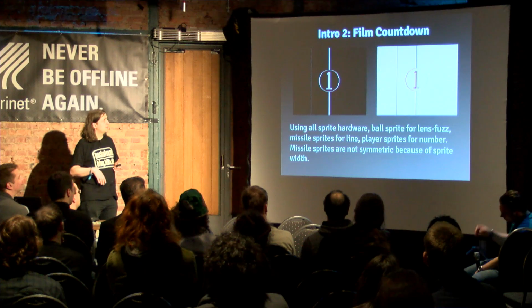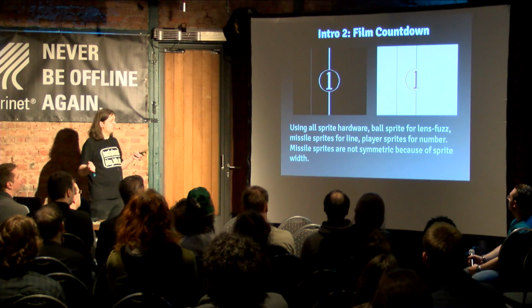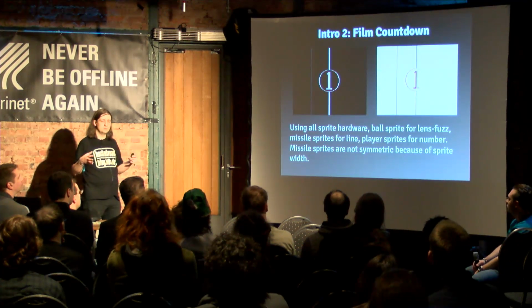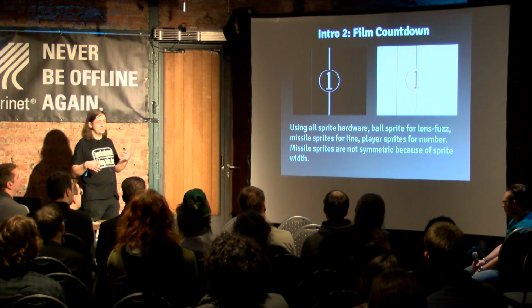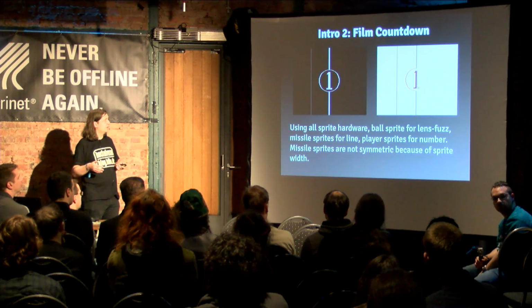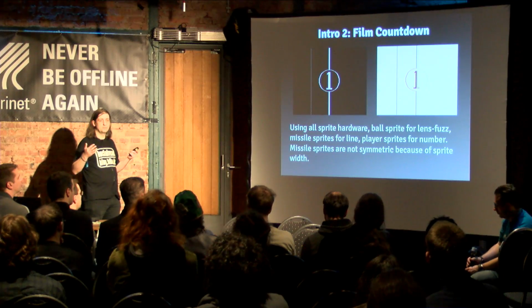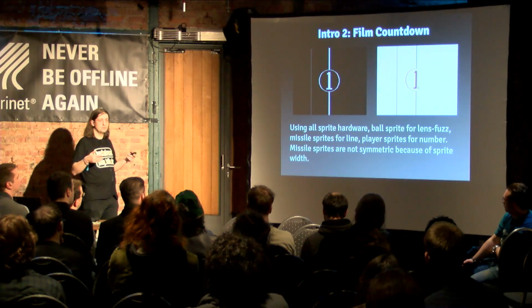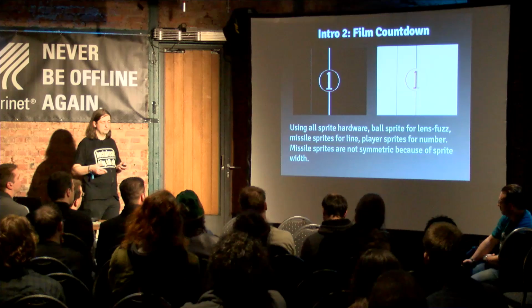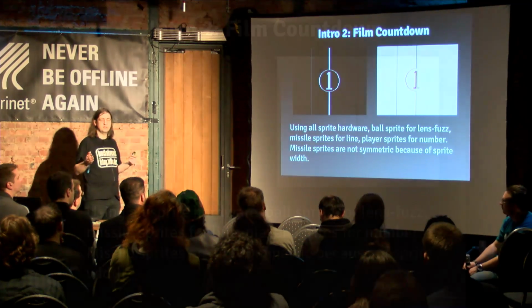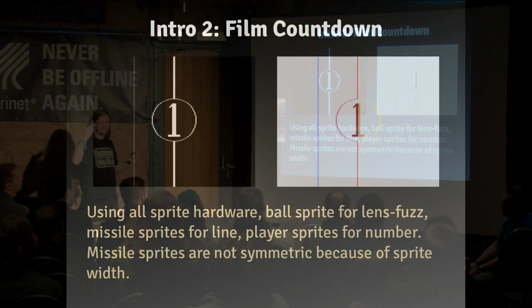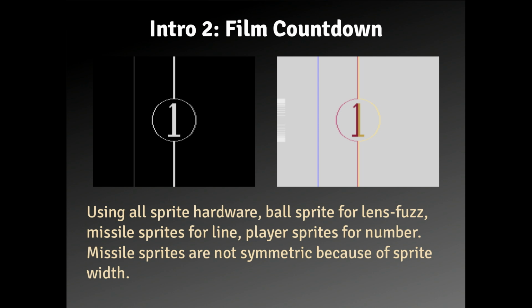Then we've got the film countdown. The whole demo is intended to remind of a film with several independent chapters. And a film, as you know it from school, something like 8mm, has some kind of intro and a countdown. I also did this one here.